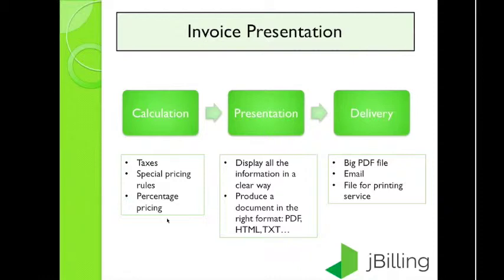So the calculation in jBilling is, let's say, a logical step. It's business logic that runs in a server and it saves data in the database. Nobody sees anything here. That's the calculation part. But then, of course, we need to present this in a way that the customer will be able to understand. And that's the invoice presentation step that we're focusing on today.